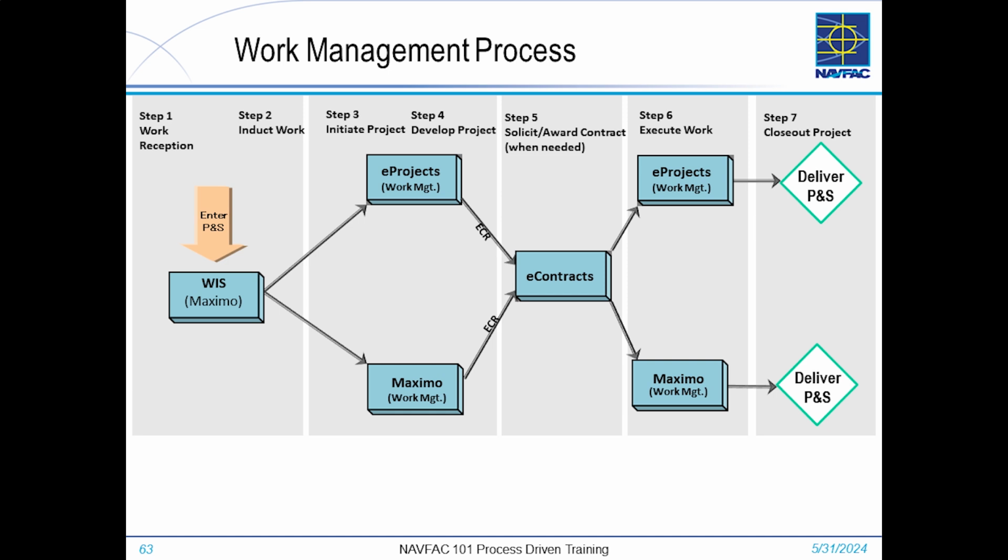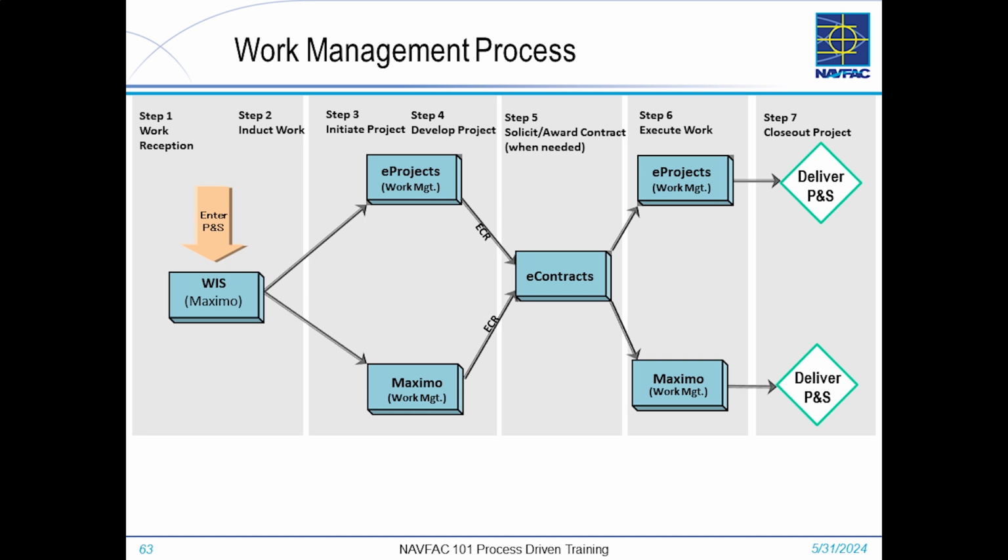Starting with step number 1, which is the work reception step. This is where someone within NAFAC will receive new work requests and enter the information into the work induction system, WIS, which is a module within Maximo.